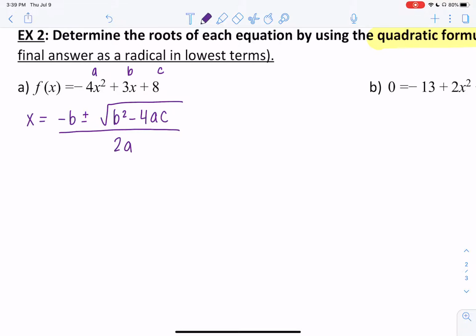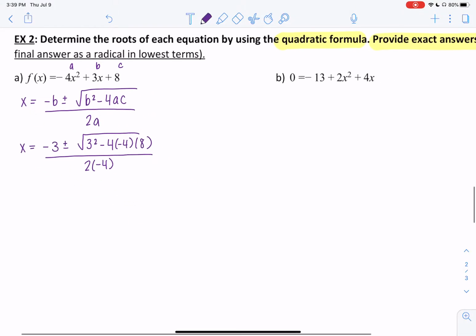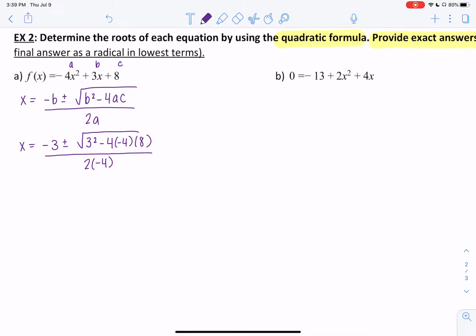So now I'm just going to sub in all my values. Negative 3 plus or minus the square root of 3 squared minus 4 times negative 4 times 8, all over 2 times negative 4. That will give me x equals negative 3 plus or minus the square root of 137 all over negative 8.